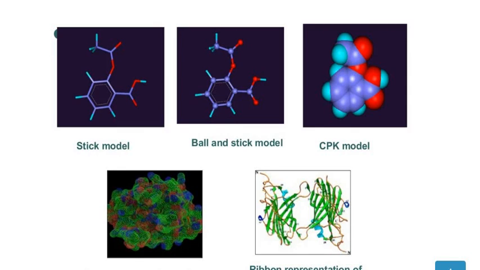So look at here, for example, the stick model, then the ball and stick model, the CPK model, and you can see the ribbon representation of dihydrofolate reductase.